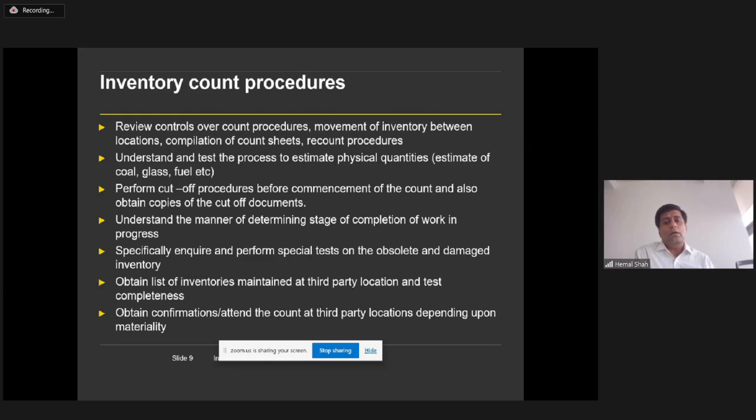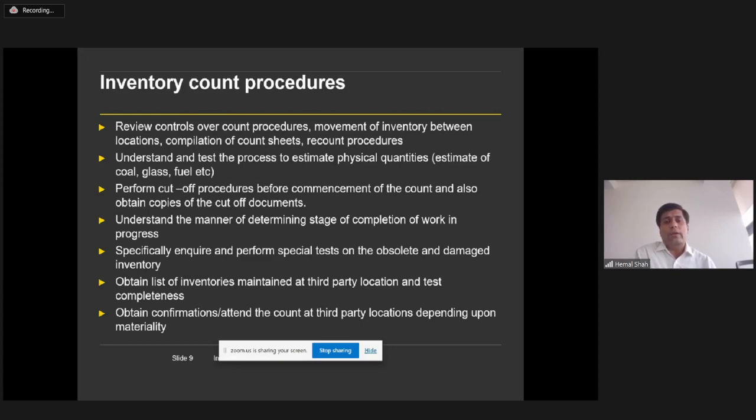Then again, determining the stage of completion to understand how much allocation of overhead should be done, because at times, generally in a few industries, there are multiple stages of completion, and each stage of completion will have a different value attached to it. So raw material would definitely be issued at one go.